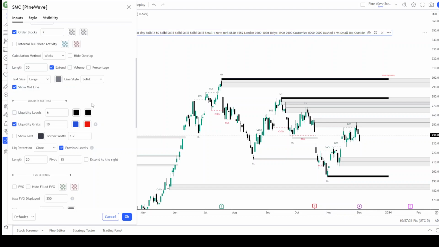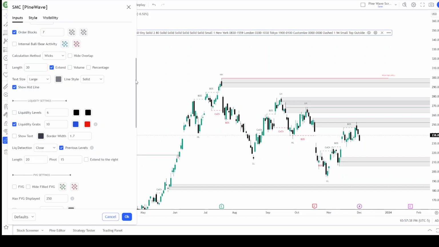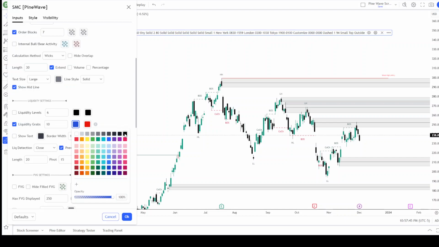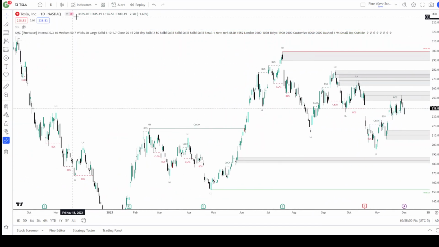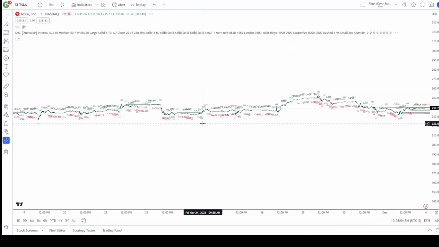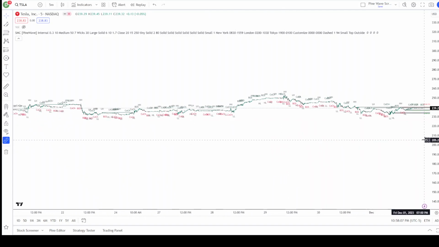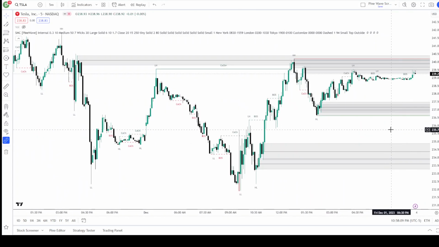Okay, now let's look at liquidity grabs. This is going to be spots where we already grabbed liquidity from. See what the chart shows. All right, so I don't see anything on the chart specific to this. So maybe it's on a different time frame, or I'll send AJ a message and see. Let's check on another time frame and see if there's any indication.